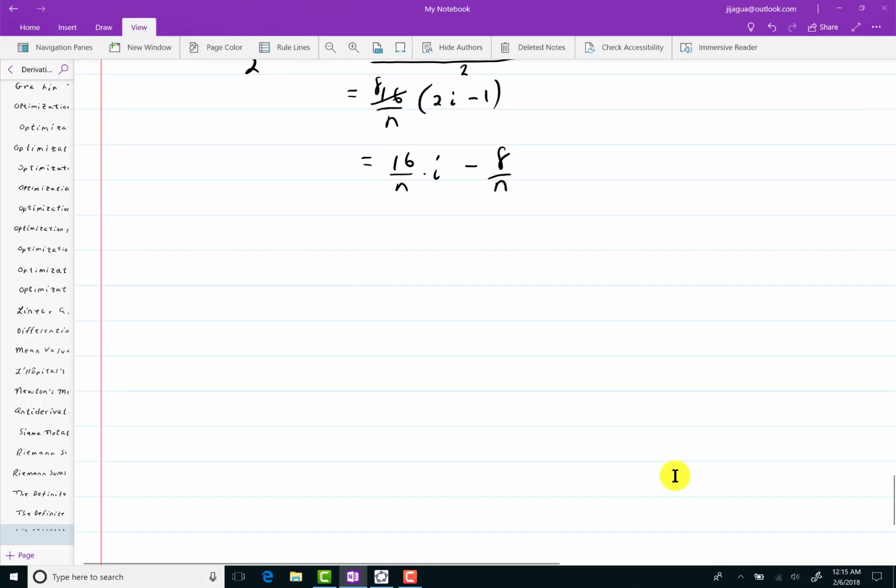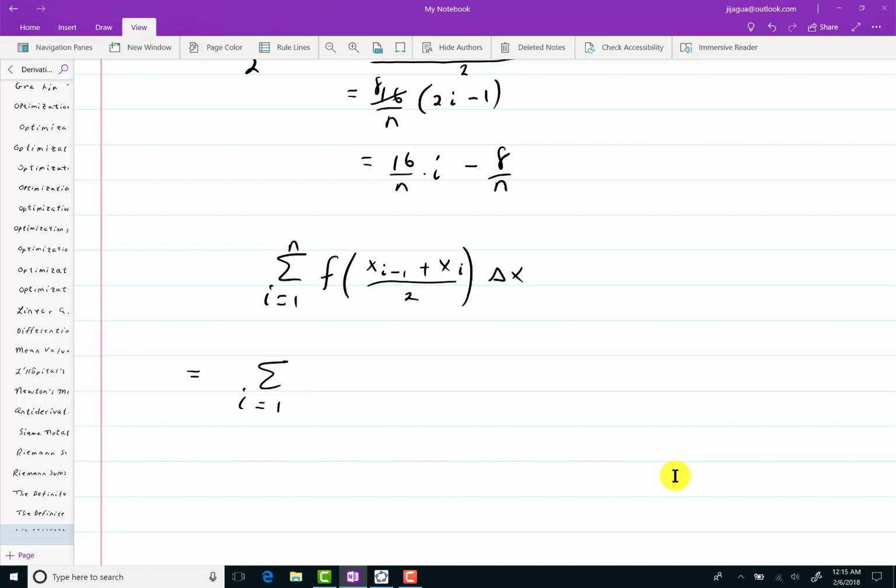So when we're doing the summation i equals 1 to n, f of (x sub i minus 1 plus x sub i) over 2 times delta x, this is going to equal the sum i equals 1 to n, f of 16 over n i minus 8 over n times 16 over n.